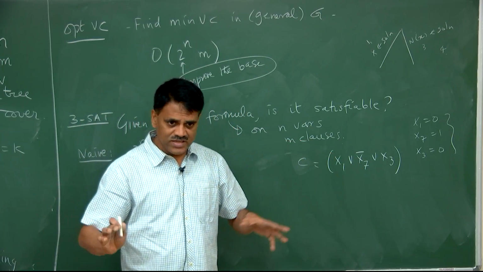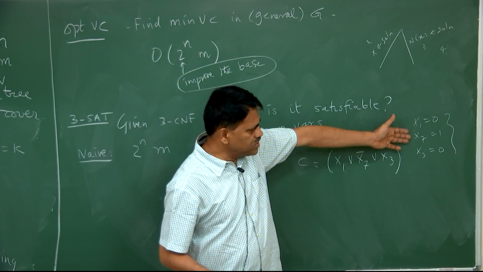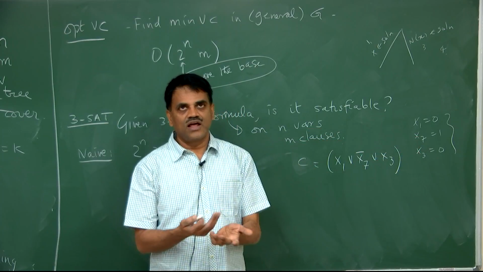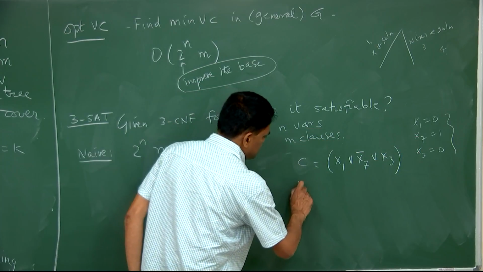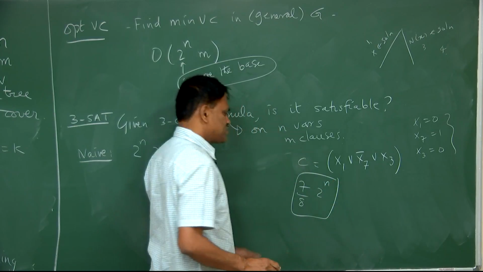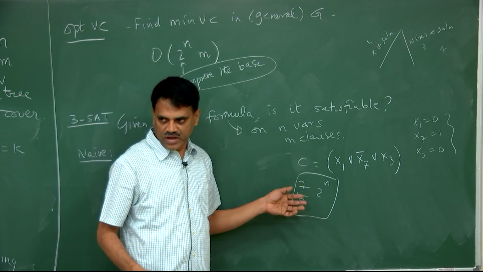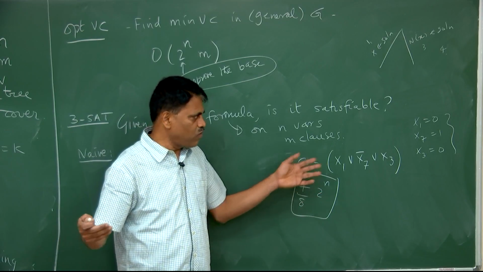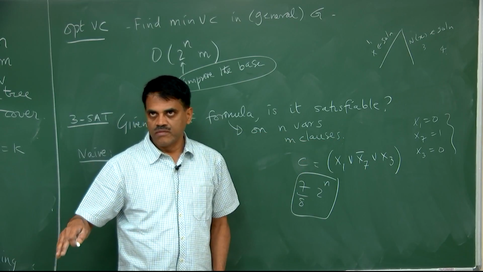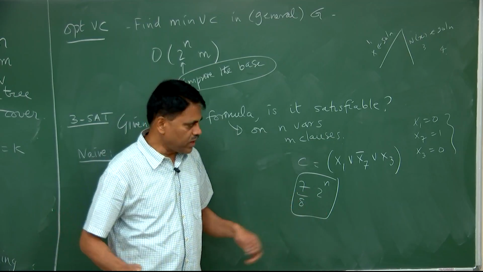What he said is that if I just want to avoid assignments that set these values for these 3 variables, then I just have to try 7 over 8 times 2 power n. That's still a lot. Asymptotically, I didn't make any savings. It's still 2 power n. You just save 2 power n minus 3, which is 2 power n by 8 assignments, but the remaining you have to try.